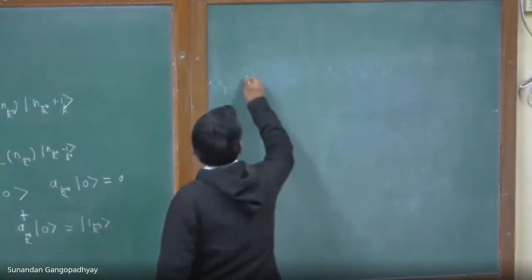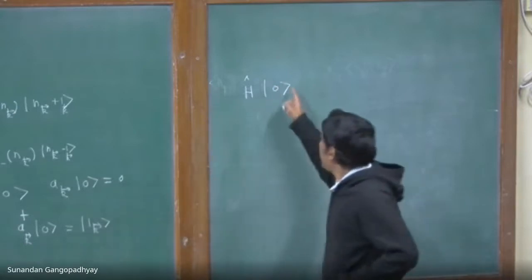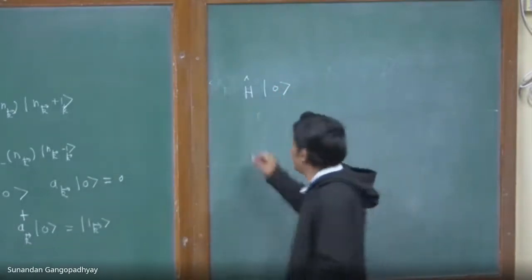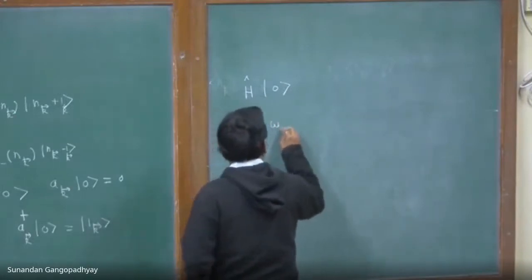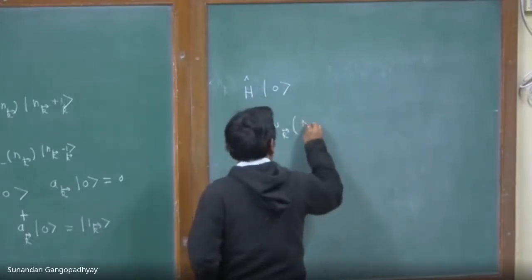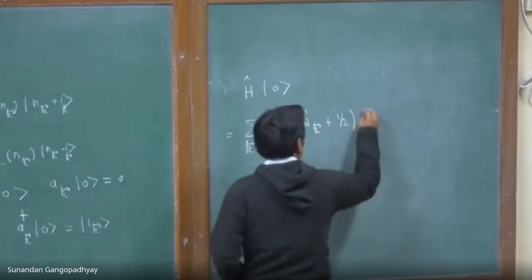So if you act on the vacuum state with the Hamiltonian operator, that will give you summation over k omega k n hat k plus half acting on the vacuum.